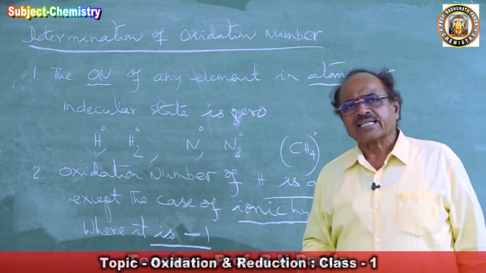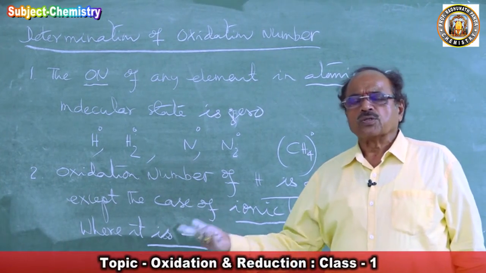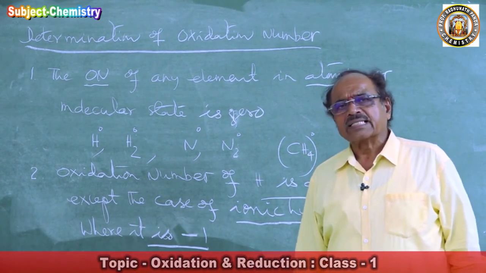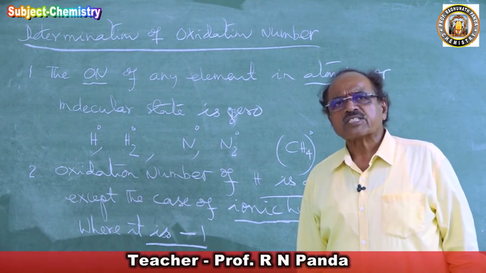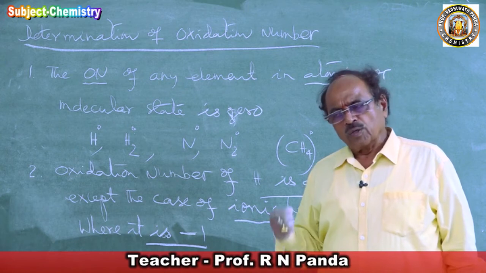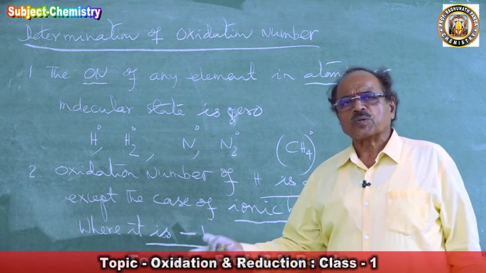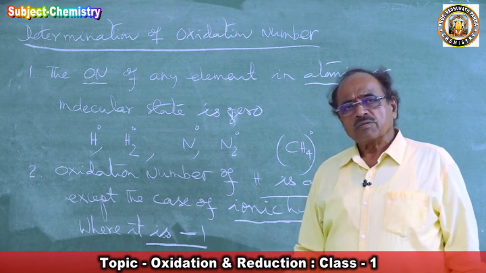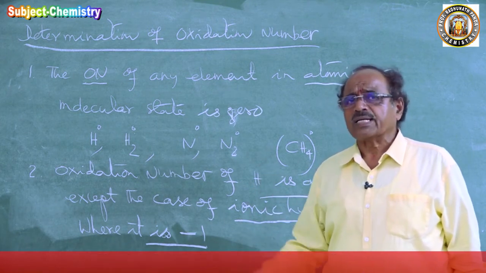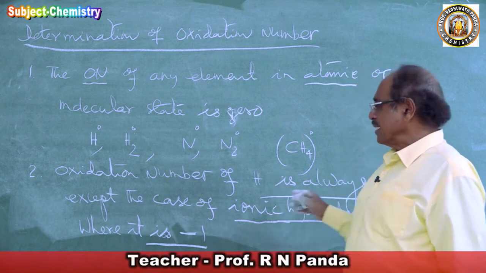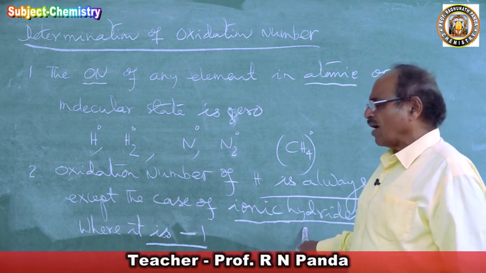And it can take an electron also to become H minus and stable. When it takes an electron, it becomes a helium structure, stable. When it loses electron, it forms proton, stable. But it is very difficult to add an electron, but easy to lose an electron. So always that is +1 except the case of ionic hydrides.